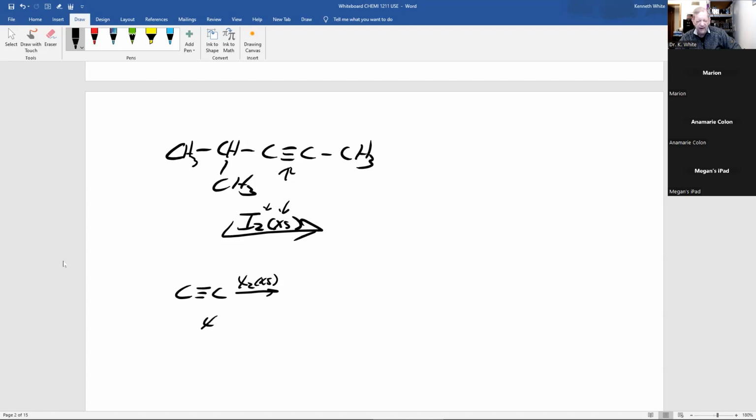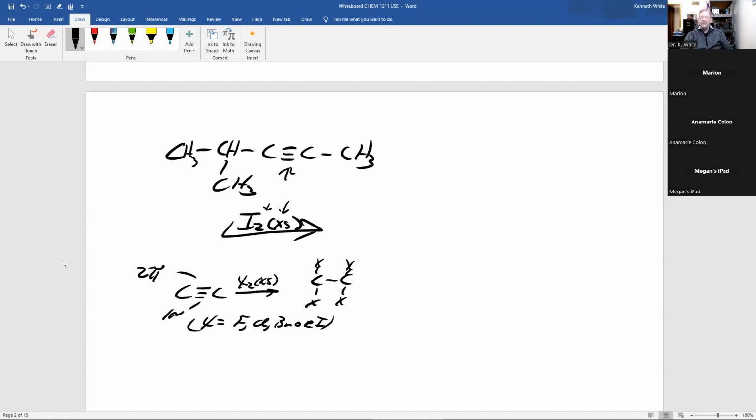And remember, X can be in this reaction fluorine, chlorine, bromine, or iodine, which in our case it is. This has 2 pi bonds, 1 sigma bond. You break the 2 pi bonds, and each carbon of the triple bond gets 2 halogens, X.